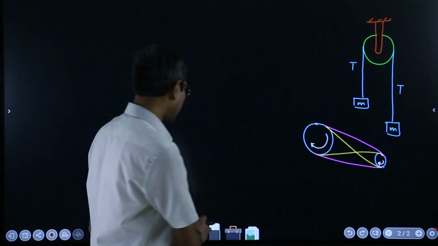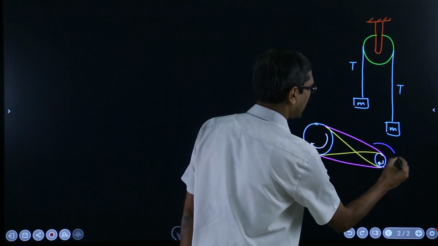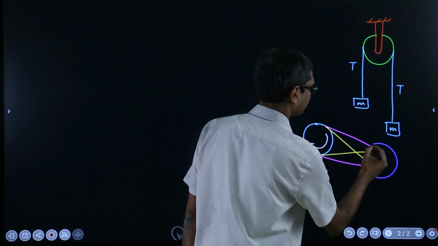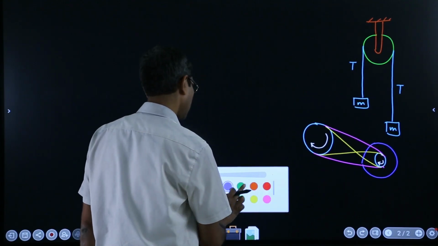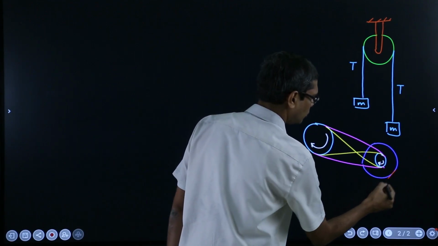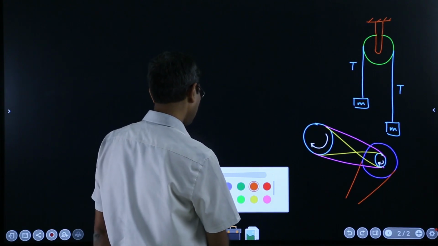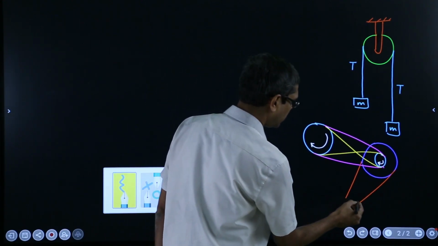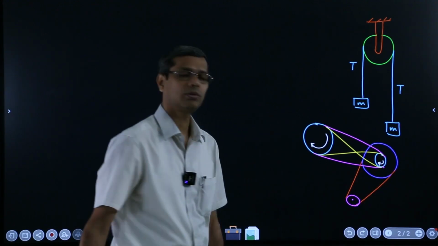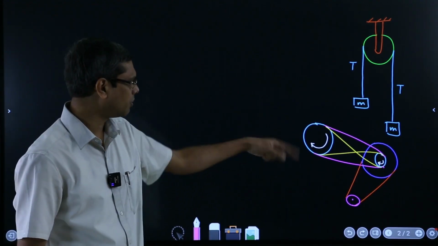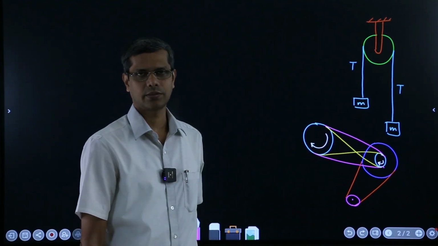Or you can have, like gear trains, another gear here through which you can transfer to one more location somewhere here, and so that could be a pulley here. So that can be a compound case of pulley drives. We are not going into those kinds of things in this segment.